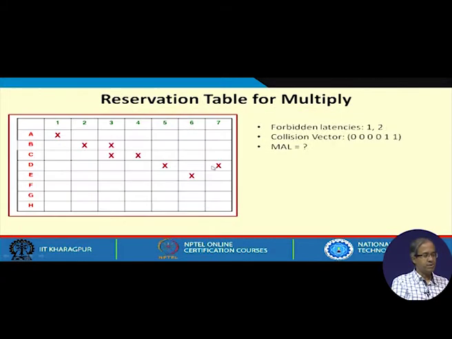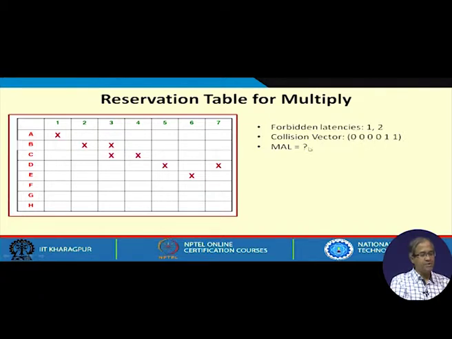Because of that, I am assuming that the stages B and C are being used for an extended period. So, for this reservation table you see that the forbidden latencies are 1 and 2. So, the collision vector will be this.